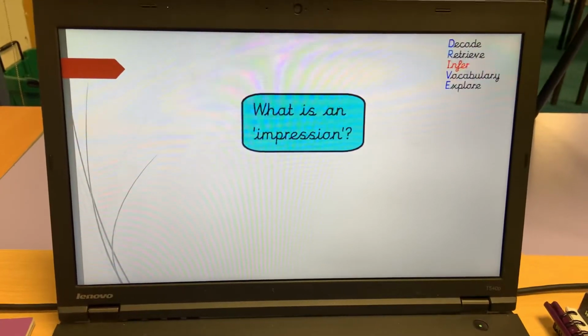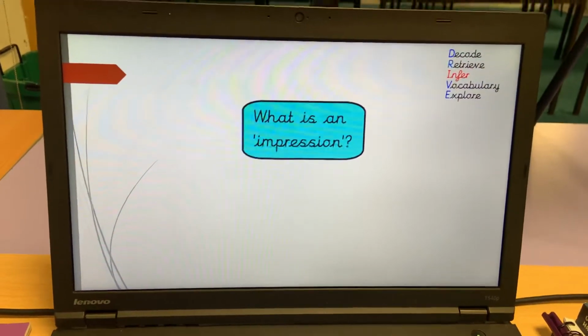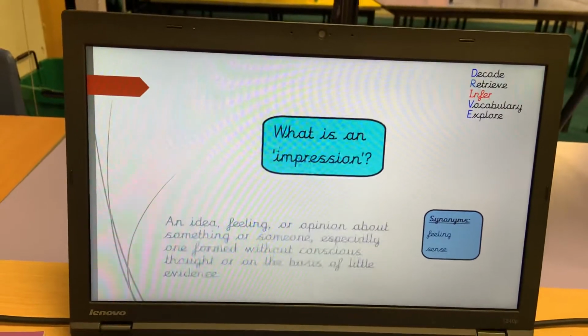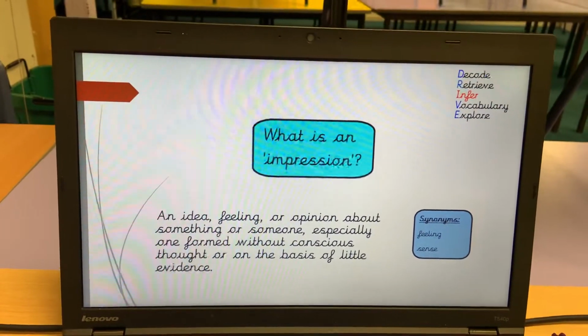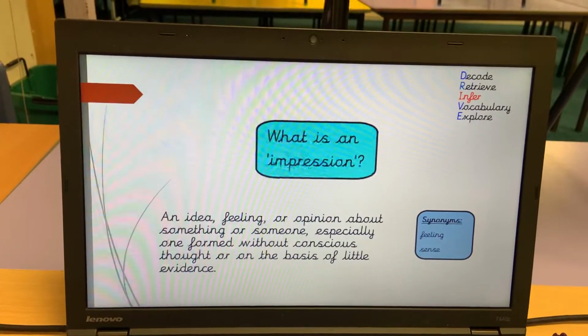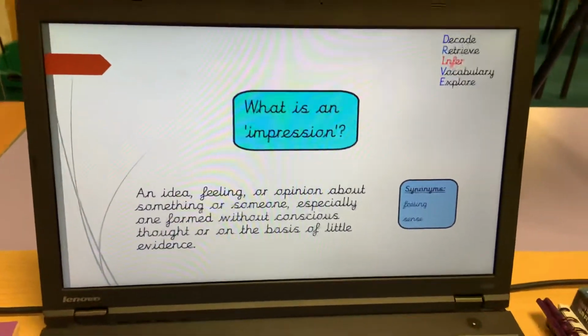Okay, recap. What's an impression? So an impression, once again, is a feeling or a sense about something or someone. It can be you forming an opinion about a thing, an object, a person, a place. And that is what an impression is. So we often talk about first impressions.